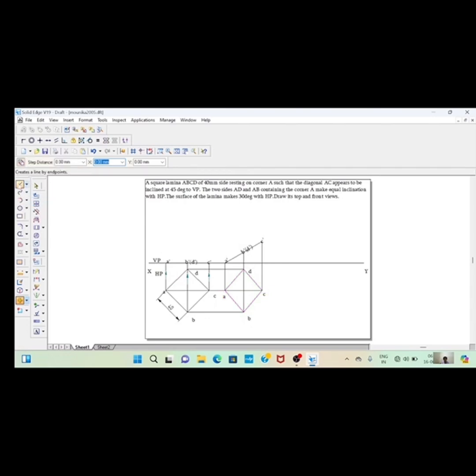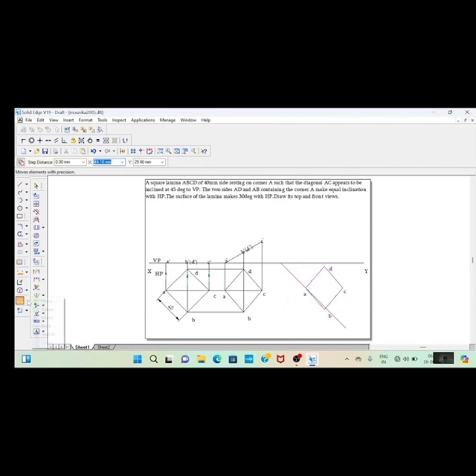Before that, we should take a line of 45 degrees which is normal on the XY line. Now go to move option and select the box which should be moved. Select the endpoint A and move to the 45 degree line.